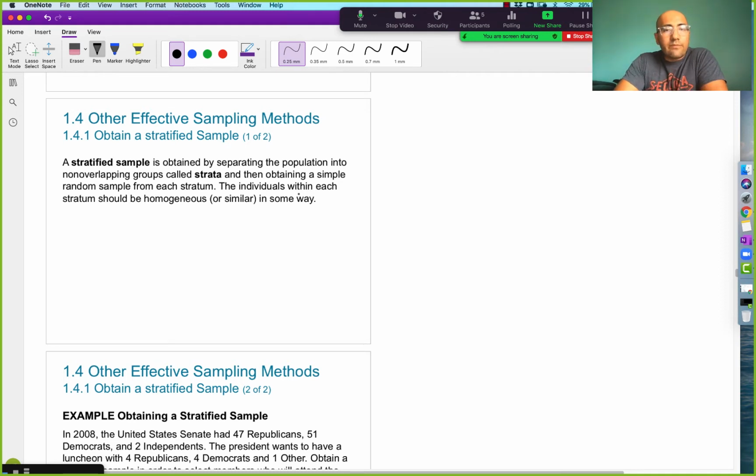We want 1 from each major that we offer. So we use computers to look at the students, and we break them down by strata, right, based on what their declared major is. And then once we have them broken down in strata, by declared major, we go in there and randomly pick one student from each major, thereby guaranteeing that we'll end up getting a sample that has the particular makeup that we want to have.